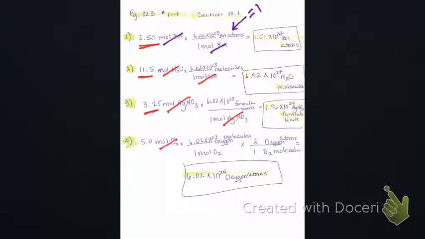So we get our moles to cancel, we're left with molecules. Well, that's not the same thing as an atom, okay? So we have to say, okay, in 1 O2 molecule, there are 2 oxygen atoms. So when we do that, our molecules cancel, we're left with atoms, which is what we want. We do the math, and we end up with 6.02 times 10 to the 24th oxygen atoms.